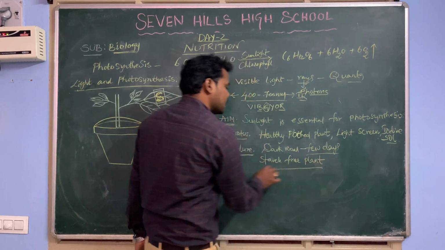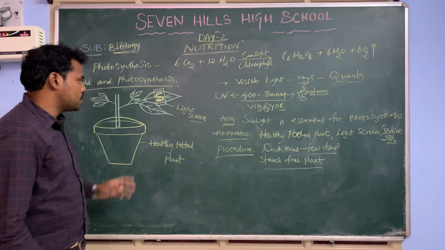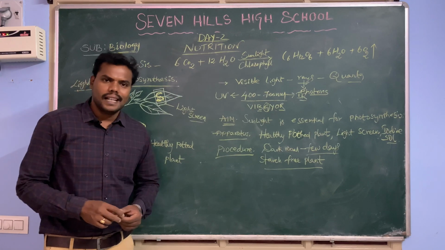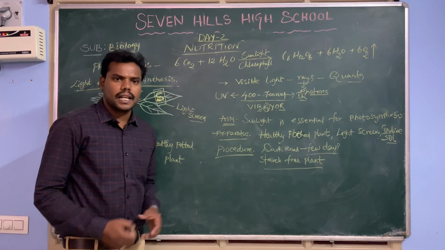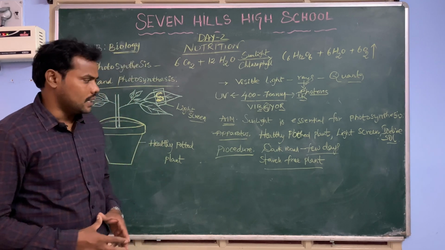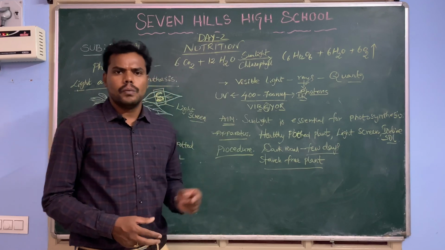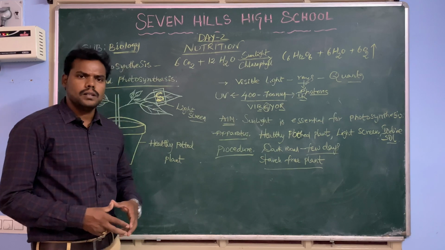Now we take this starch-free plant and select any one broad leaf, and attach a light screen cut with a design. What is a light screen? It is something that does not allow light to penetrate through it. We can take cardboard, paper, or film as a light screen.